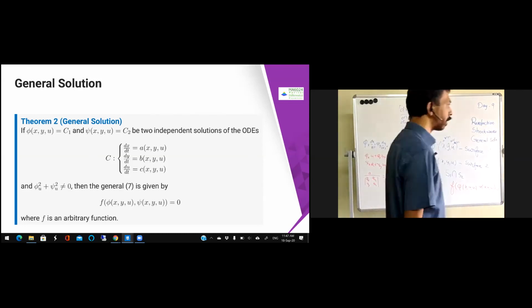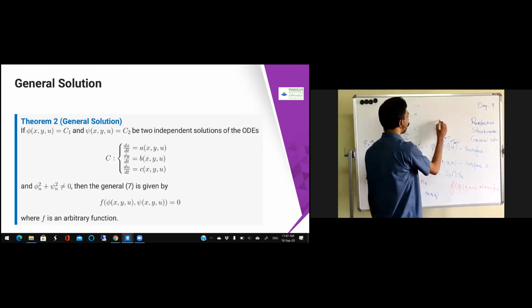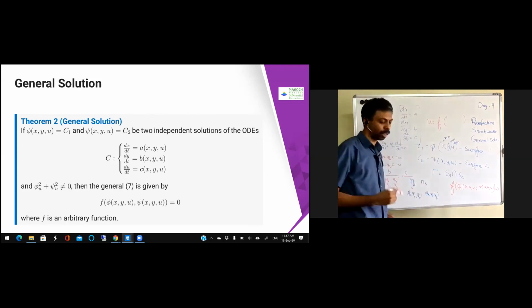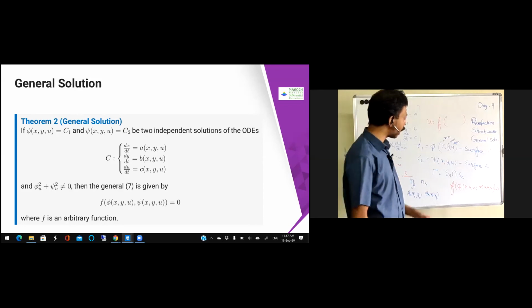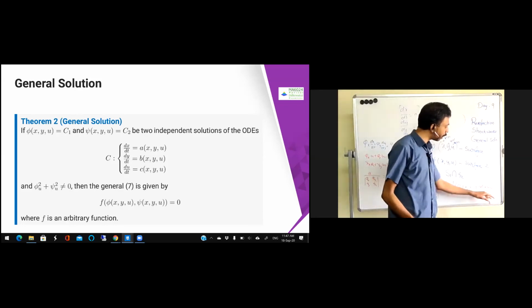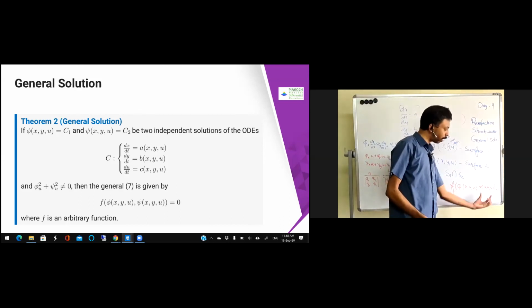Usually in the previous case, we have written u is equal to some f of something. Now we have two functionally independent first integrals, so in that case you will not write u is equal to; instead you will write some kind of implicit equation, that implicit equation is phi of x comma y comma u and psi of x.